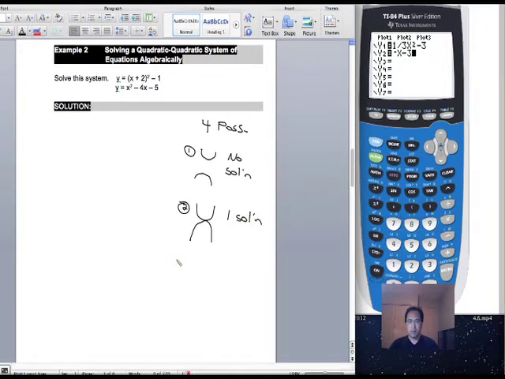Here's a common one where the parabolas are intersecting in two spots, here and here. So there's two solutions. And then the last one, it's a little bit hard to draw, but the formulas for both parabolas are identical to each other, and one is lying right on top of the other. And so this is infinite solutions.